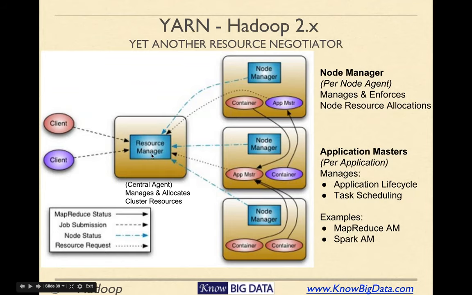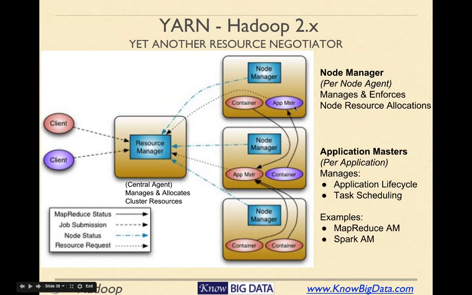So this resource manager talks to each individual node manager and says, hey, we need 5,000 people. Do you have 5,000 people? And then node manager says, yes, yes, we have 5,000 people. And resource manager also says that we need one dedicated office for the headquarters, and that becomes the application master.